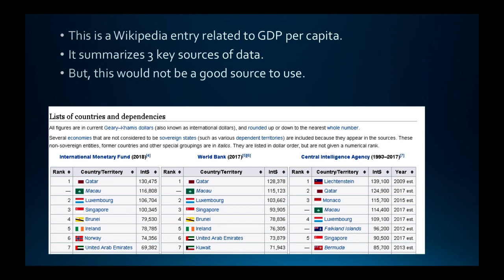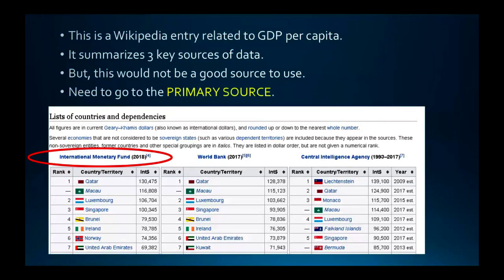I know your professors have said over and over again, Wikipedia is not a valid source. You should not be going to Wikipedia because anyone can write a Wikipedia entry and you don't necessarily know that it's accurate information. Well, this one looks like it's probably accurate because they've taken data from the primary sources. But what we need to do is go to those primary sources, and those primary sources are revealed to us right here.